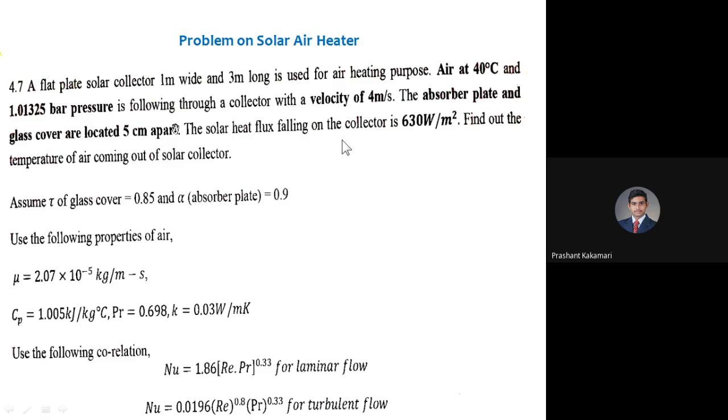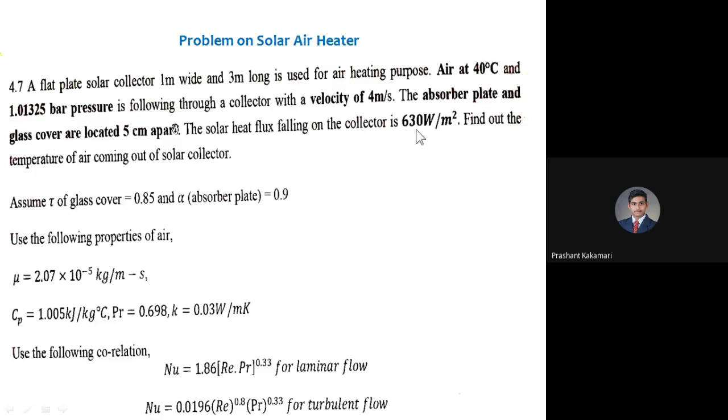The solar heat flux falling on the collector is the definition here. Solar heat flux falling on the collector means it is falling on the glass cover. Then after the glass cover, it will reach the absorber plate. So once this concept comes, we can also find out the transmissivity and the absorptivity.